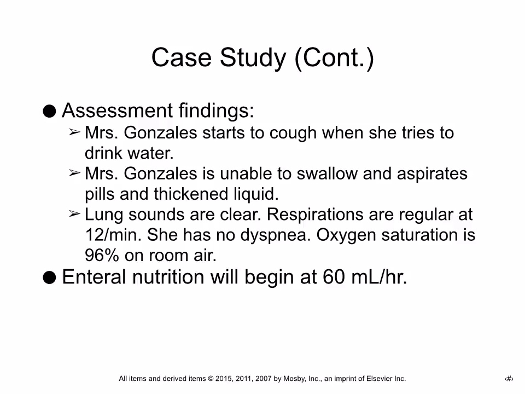Enteral nutrition will begin at 60 ml per hour. Enteral nutrition, that is tube feeding, a feeding tube has been put inside her GI system, and she'll be given nutrition through that because she cannot take food through the mouth, and it will begin at 60 ml per hour. Based on the assessment findings, the nursing student we were studying earlier, Matt, assessed Mrs. Gonzalez's risk for aspiration.